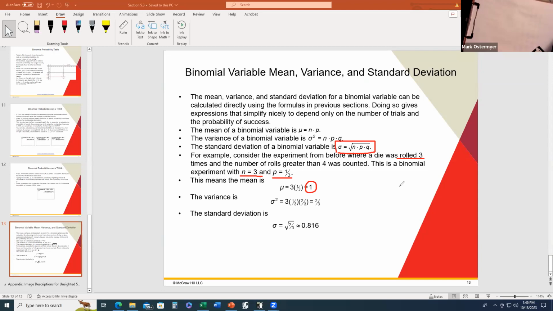The variance can be computed as n times p times q, 3 times 1/3 times 2/3. P is the probability of a success, which is 1/3. Q is the probability of a failure, of rolling a face that is 4 or less, 2/3. The variance would be 2/3. Take the square root, and you get 0.816. So on average, if we roll this die 3 times, we would expect to roll 1, give or take 0.816.